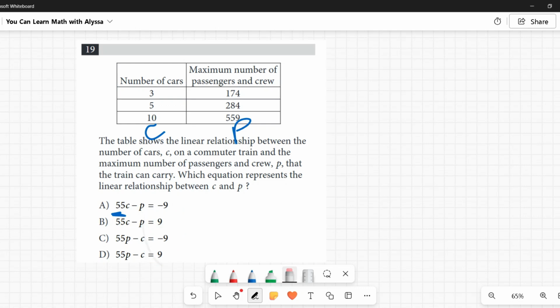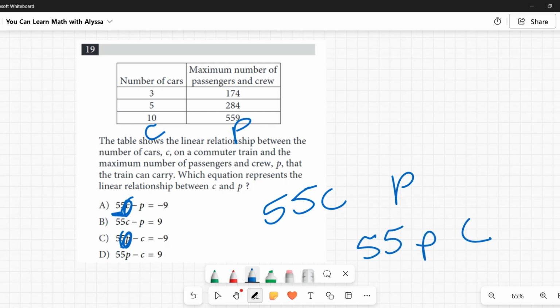So when I multiply 55 times either C or P and then subtract this other number, these two results are going to be pretty close to each other, only 9 apart.